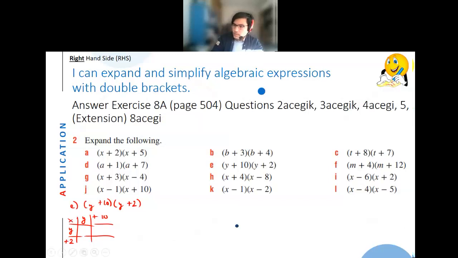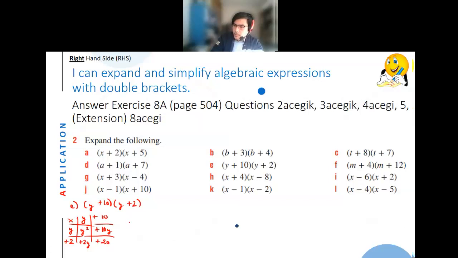Let's multiply these together. So y times y is y squared, y times plus 10 is plus 10y, plus 2 times y is plus 2y, and plus 2 times 10 is plus 20.